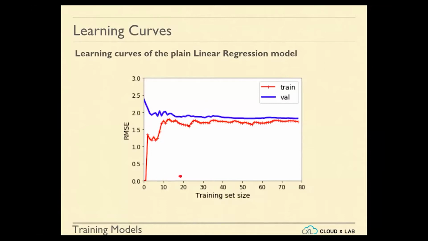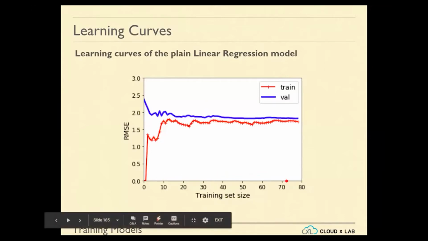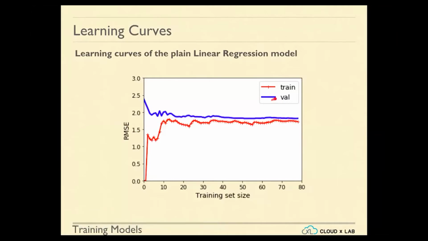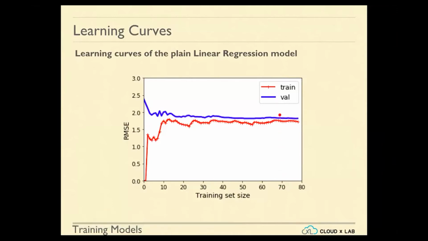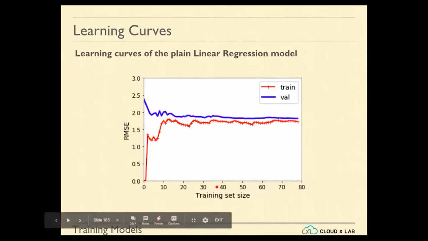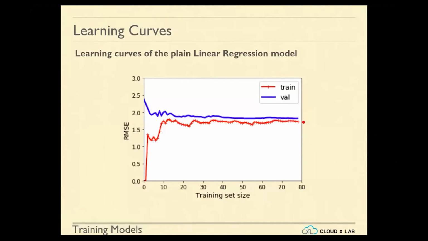As the training set increases and we train on a larger set, the error on the validation set has become kind of fixed. When the training set has gone to, say, 70, the error is not reducing with respect to the validation, and you can see that the error on the training set has also stabilized.